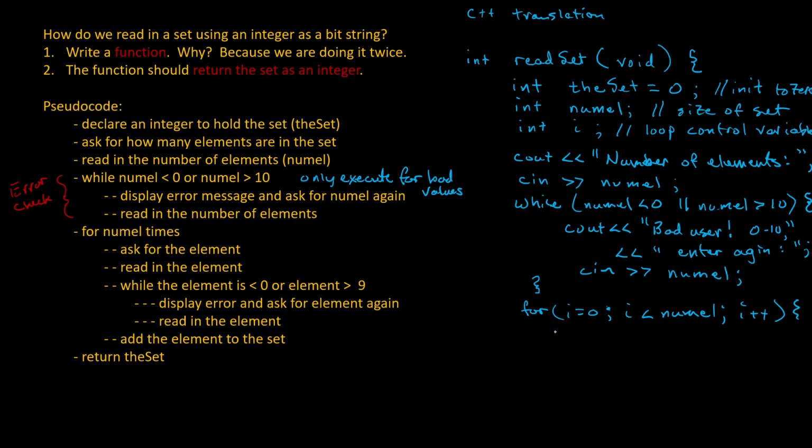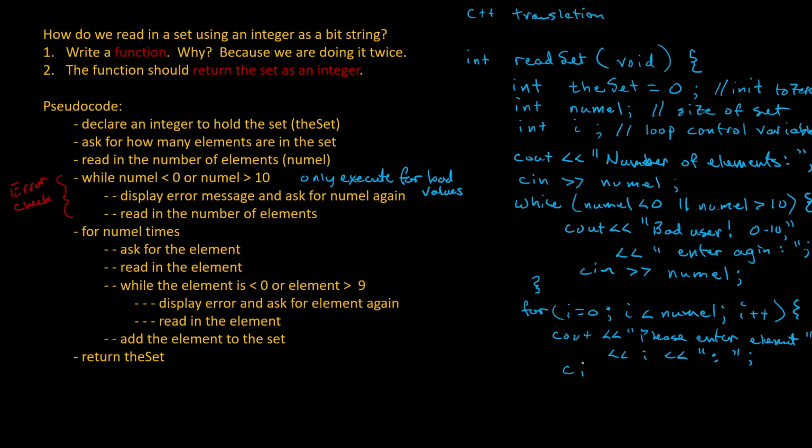But here, I have a cout. I've got my curly brace, cout. We always like to make it good for people who are using our program. Nice and neat. They can enter stuff on the same line and we're okay.